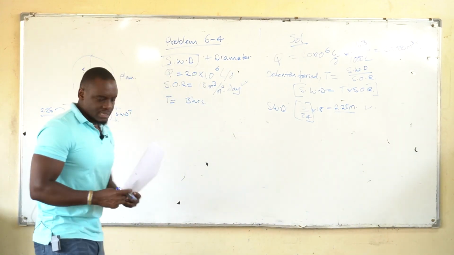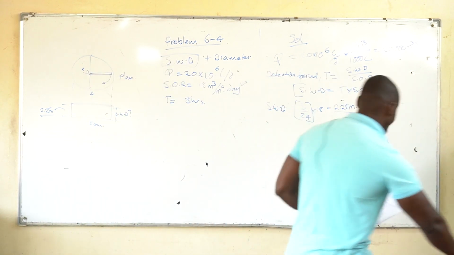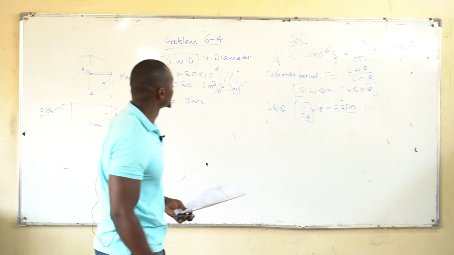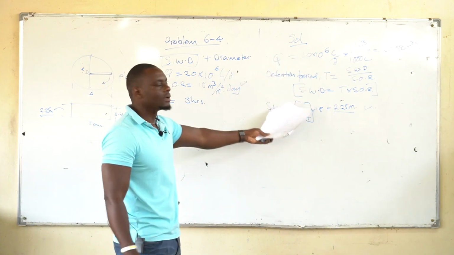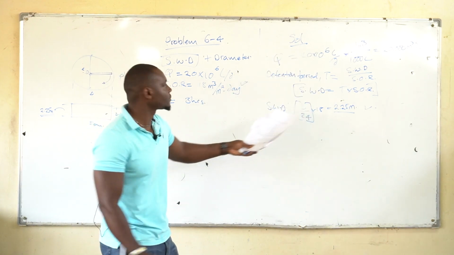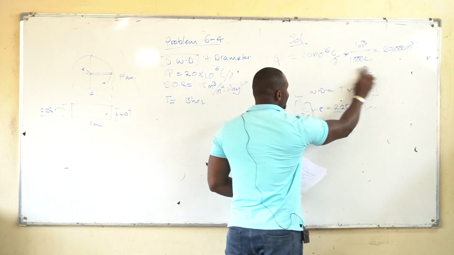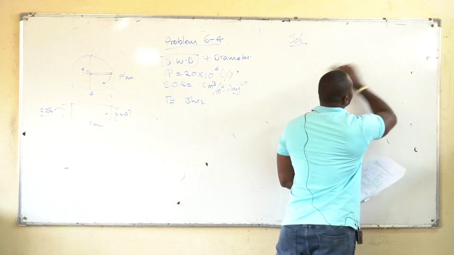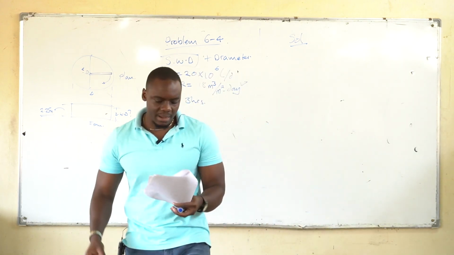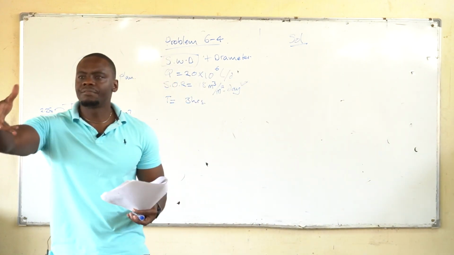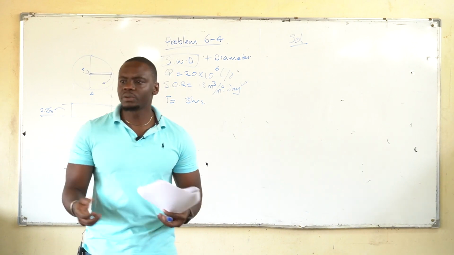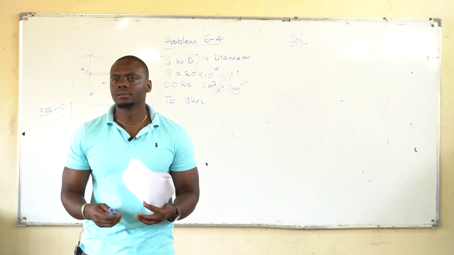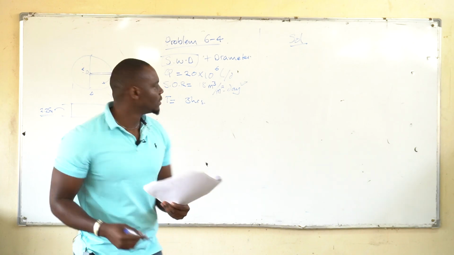How can we find the diameter? I need to erase something. Okay, can I erase this part? Who would want to suggest how we can find our diameter? If you have the area, it's easy to get the diameter, not so?